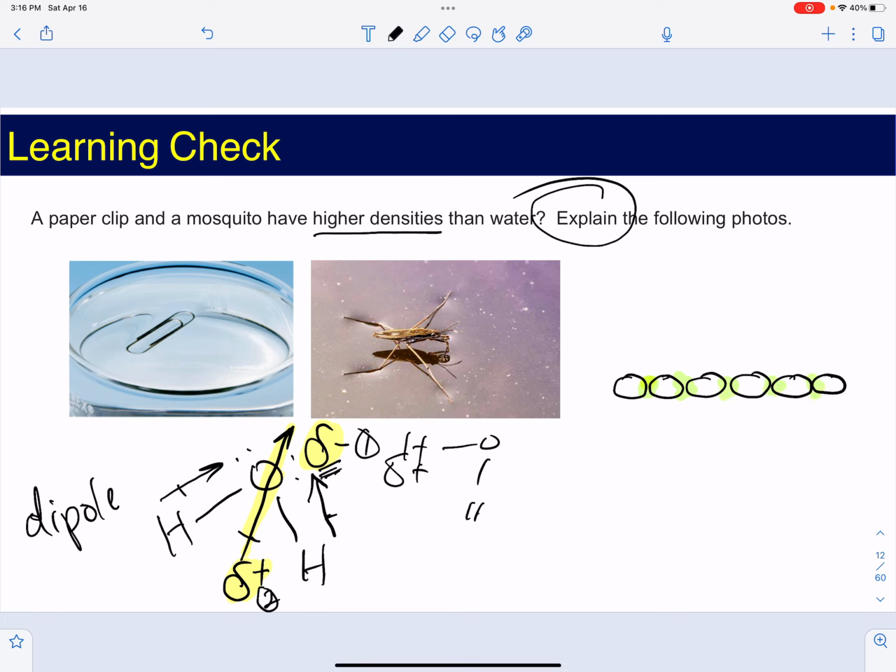Then as we go deeper into the liquid, we're going to see other water molecules, and they're going to be attracted to other water molecules, everywhere they can find a partially positive and a partially negative. Everywhere they can align a partially positive with a partially negative, it's going to be like a magnet.